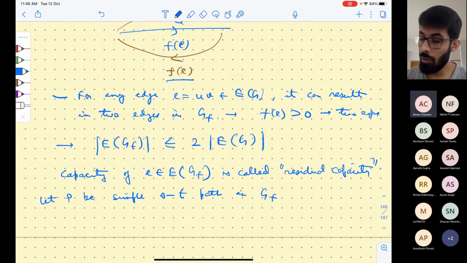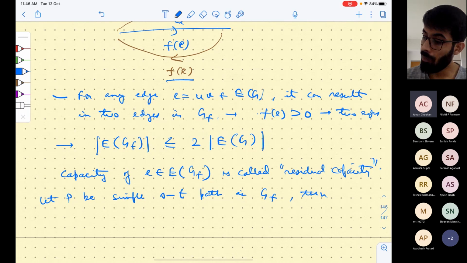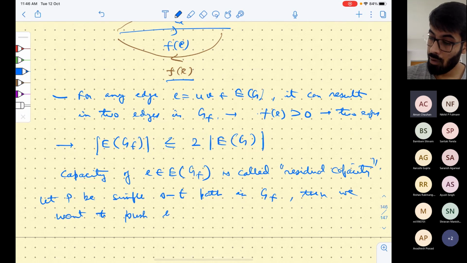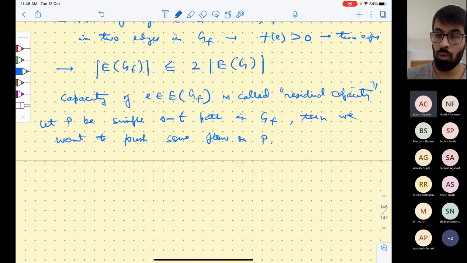Then we want to push the flow on P. And how much flow do we want to push?